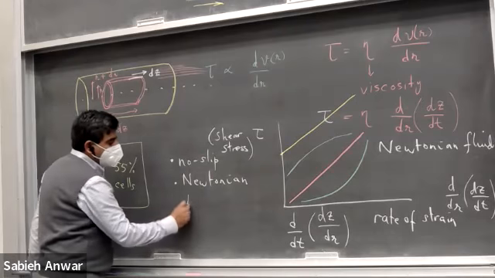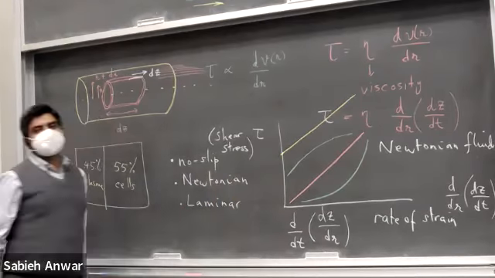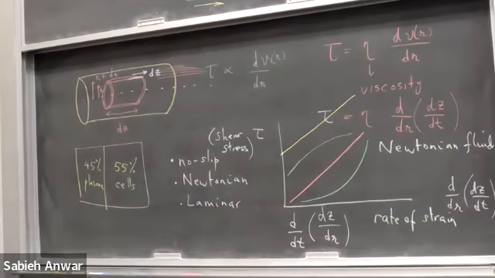And we have laminar, non-turbulent flow, which means that the speeds are slow enough, the Reynolds number is low. So we're considering certain conditions in which this Ohm's law is valid. This is generally found in large arteries, not the aorta, but the larger arteries, for example, the artery in the arm, the brachial artery.